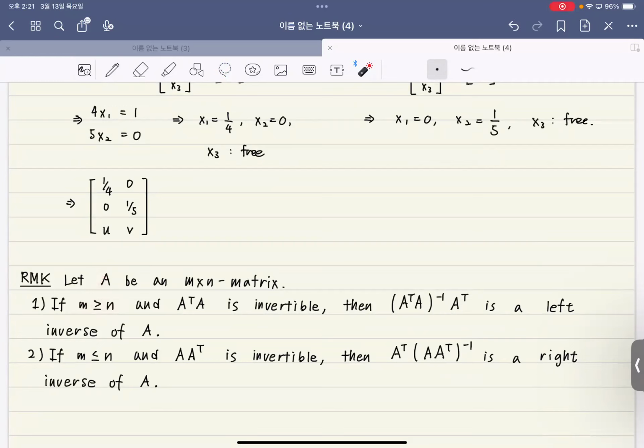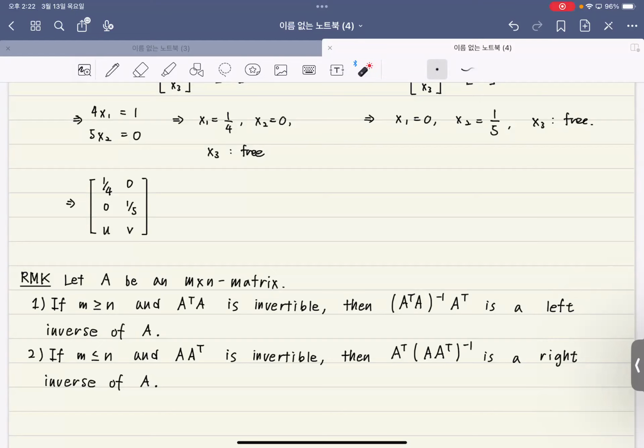Also assume that A transpose times A is an invertible matrix. Under this assumption, A transpose A inverse is a square n by n matrix, and you take the inverse of this n by n matrix and multiply by A transpose, and it says this is a left inverse of A.